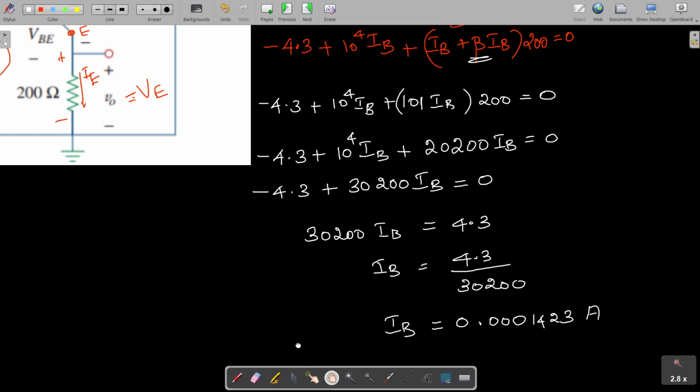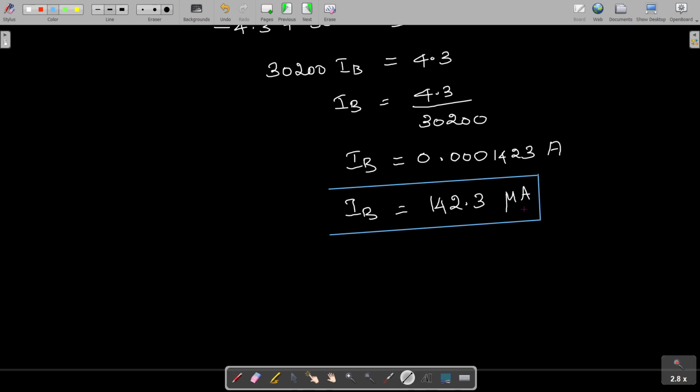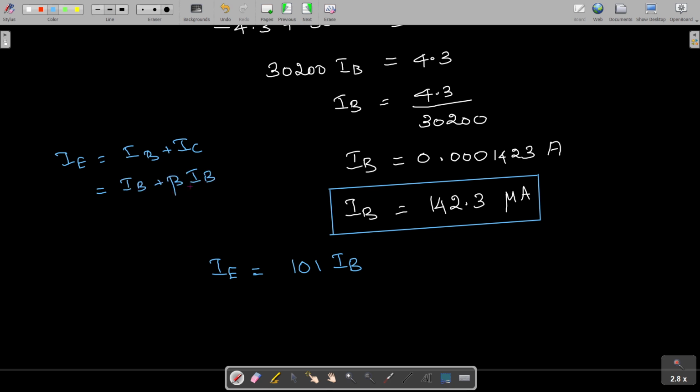Okay, and this can be now written as IB equal to 142.3 microamps. Once you get this IB value, you can go for finding this IE value. IE is equal to 101 times IB. Why? Because we know already that IE is equal to IB plus IC, and this is IB plus beta times IB, right?